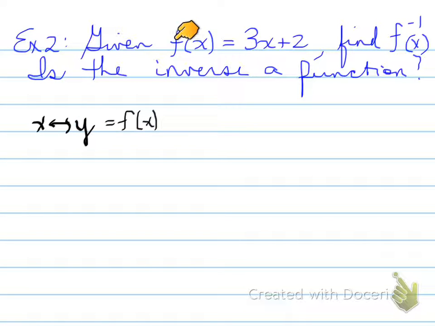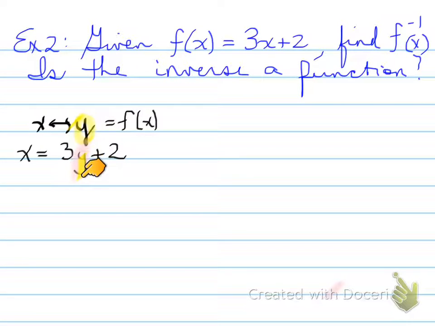In this case, we don't have a y, so we said y equals f(x). That's what we're making it equal. And we're going to switch out the x and the y. So instead of f(x) equals, it's going to be x equals 3y plus 2. Now remember, I just wanted you to note that y is the inverse.